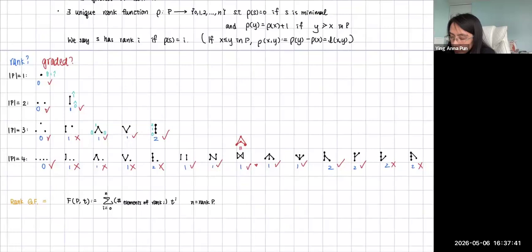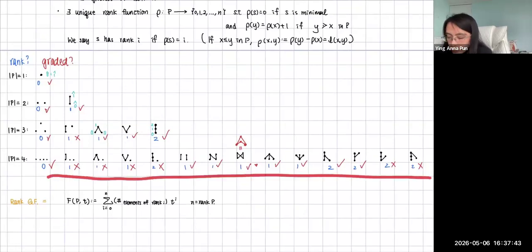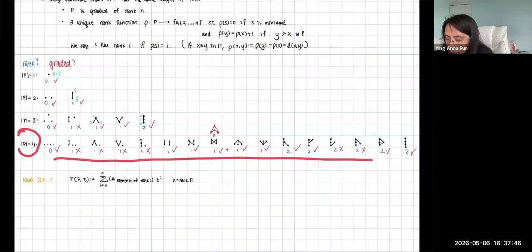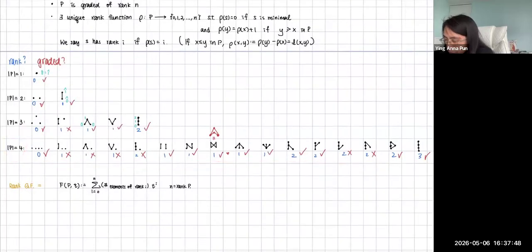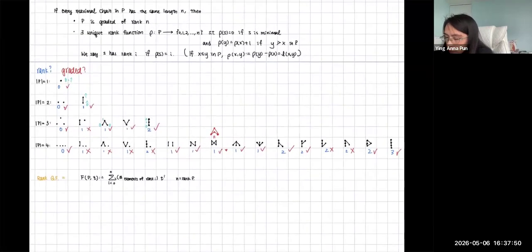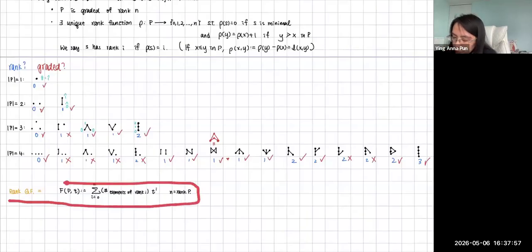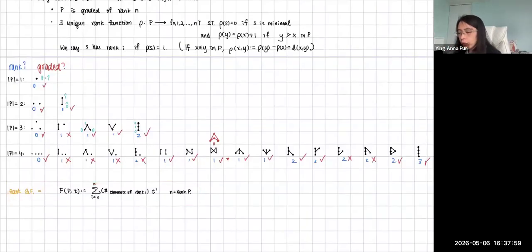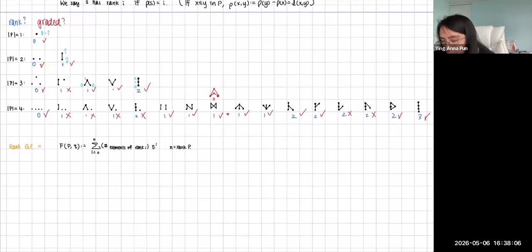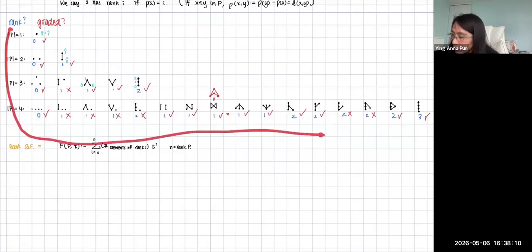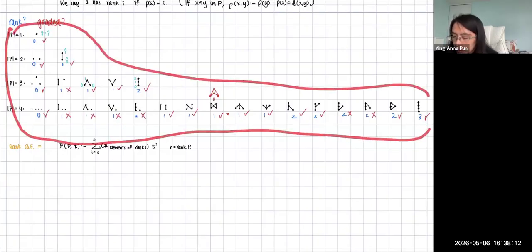Anyway, last time we did all the examples here up to where the number of elements is 4, and we tried to look at whether something is graded or not, and then afterwards we ran out of time. But we defined the rank generating function. So today I'm going to study the rank generating function of all these examples if they are graded.